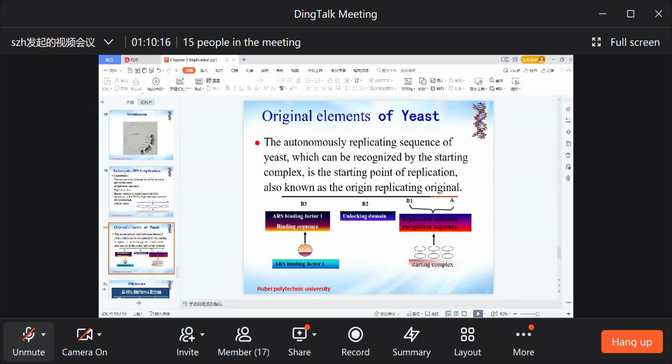You can see here the autonomously replicating sequence in the yeast, which can be recognized by the starting complex and is the starting origin point of the replication. So here it corresponds to the origin site in the prokaryotic system.